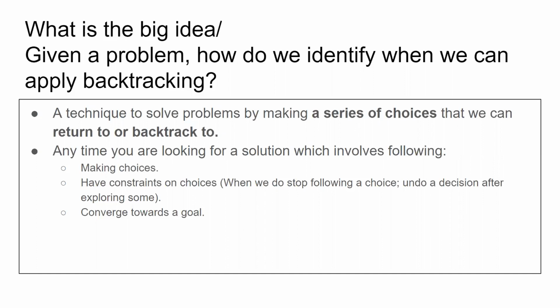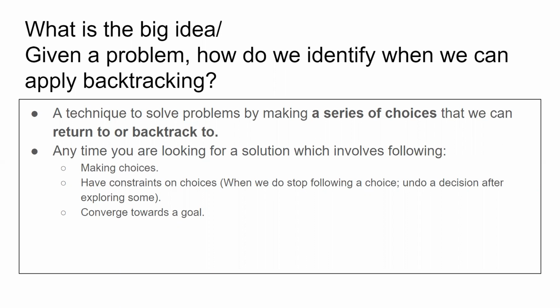Ultimately, the bigger picture is that you are converging towards a goal. Like in the two problems we'll see, we have a globally correct solution that we want to arrive at. So that is what you want to lead to. Does this make sense to everyone? It's very high level, but it's good to understand this conceptual idea.